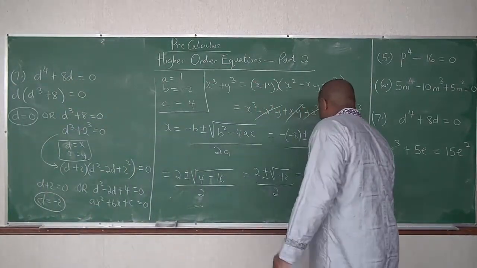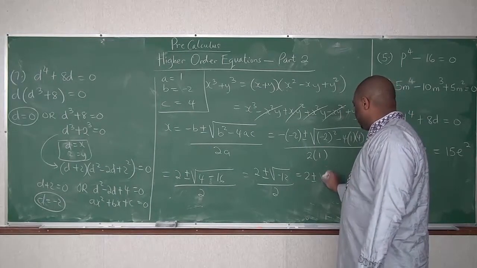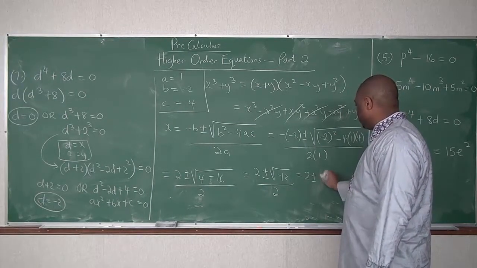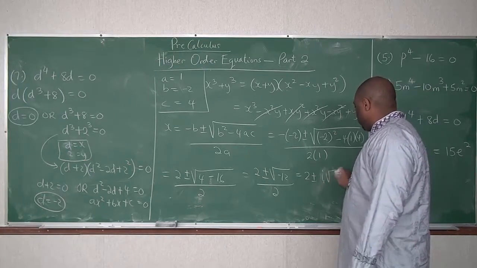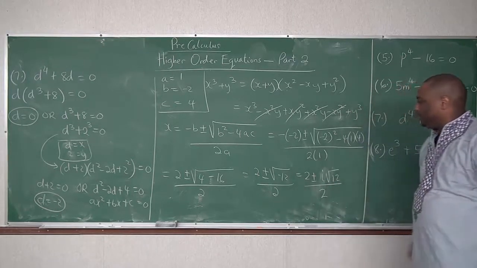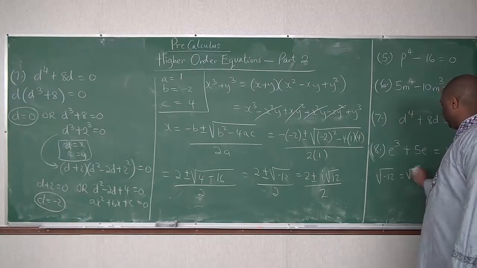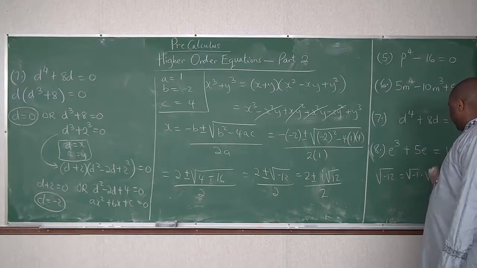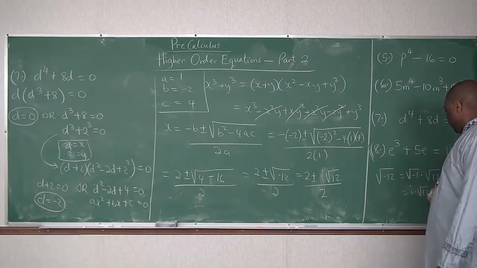So this will be 2 plus or minus i times the square root of 12, over 2. Because the square root of -12 is the square root of -1 times the square root of 12, which is i times the square root of 12.